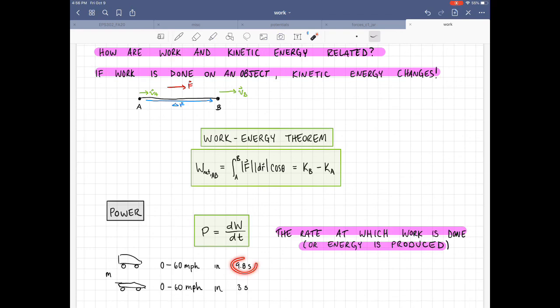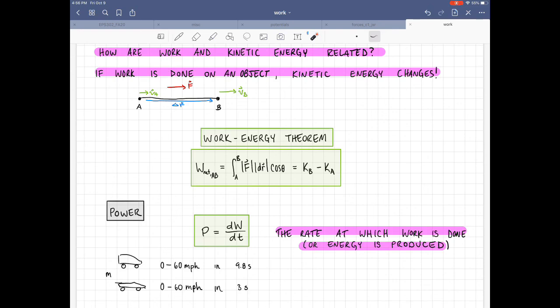But the Prius takes 10 seconds for that to happen, while the Ferrari takes 3 seconds. So that means the Ferrari is essentially 3 times more powerful than the Prius in this scenario, because it takes a third of the time to deliver the work or produce the energy of changing the car's kinetic energy from 0 up to whatever the kinetic energy is at 60 miles an hour.